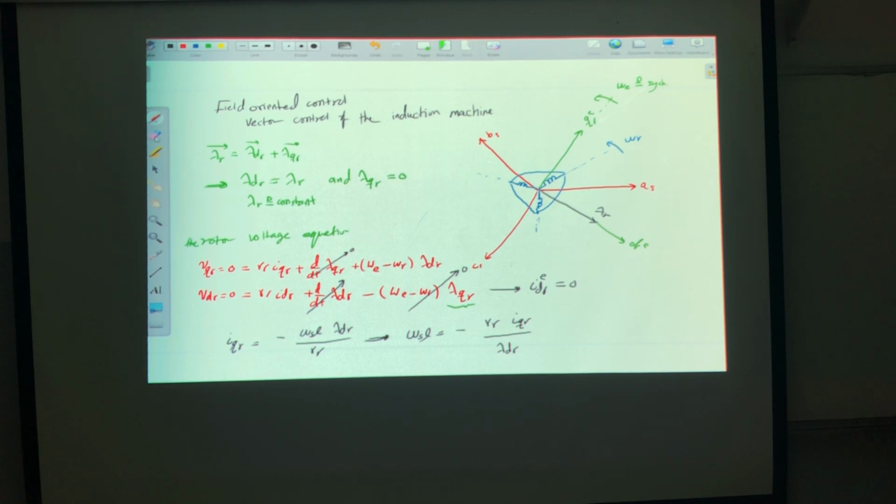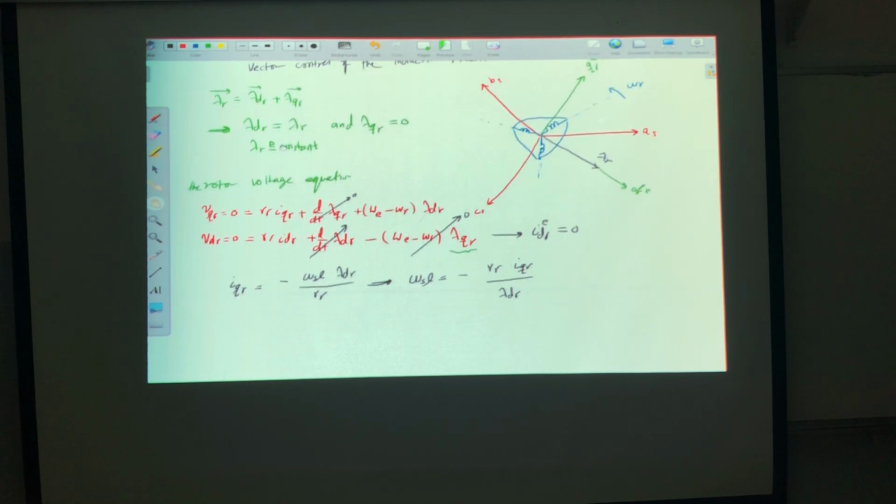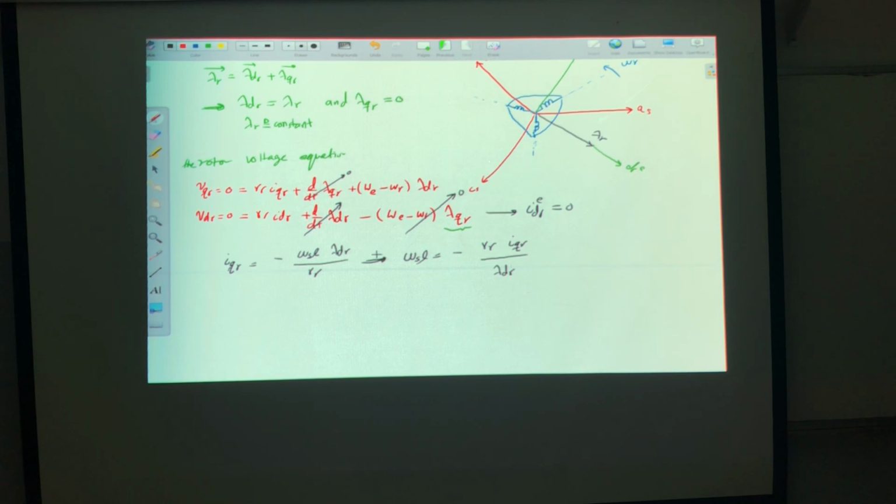Okay. Now, the flux linkage. Do you remember lambda QR equal to what, in terms of the current?